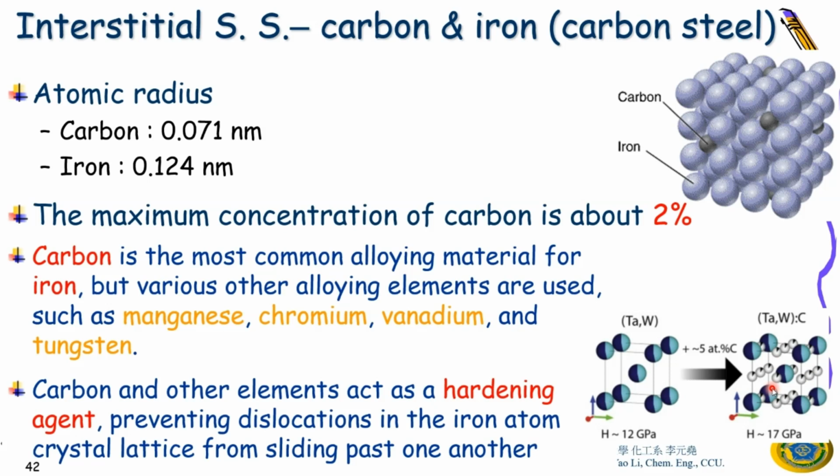Carbon and other elements act as hardening agents, preventing dislocations in the iron's crystal lattice from sliding past one another, because you have atoms between the metal atoms. To slide, you pull from opposite sides and then the metal slides.